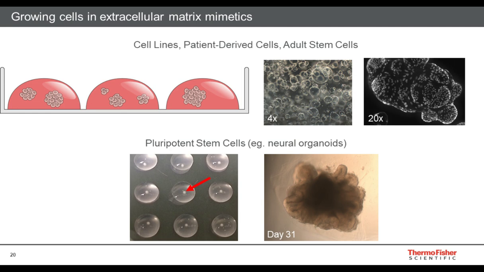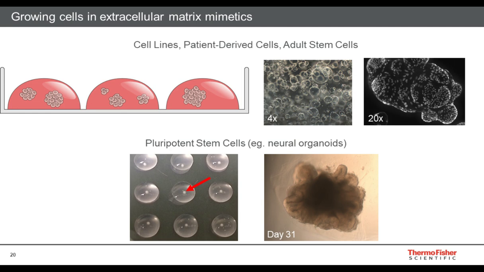Another way in which ECM is used, which is maybe a little more commonly seen in the pluripotent stem cell space, is to take aggregates or previously formed aggregates of cells and put them inside droplets of Matrigel or Geltrex. And so the red arrow here in the picture on the bottom is showing a spheroid, or a growing organoid, I should say, that is differentiating into certain lineages.